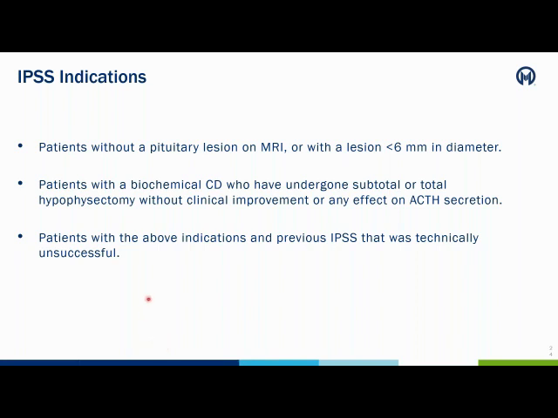The other indications are patients with the above indications and a previous IPSS that was technically unsuccessful, or with questions of improper catheterization, questions about the sampling, handling of the samples, anything that could be questionable in a prior IPSS. There is no reason not to repeat the test, and a lot of times that's what needs to be done to accurately diagnose these patients.